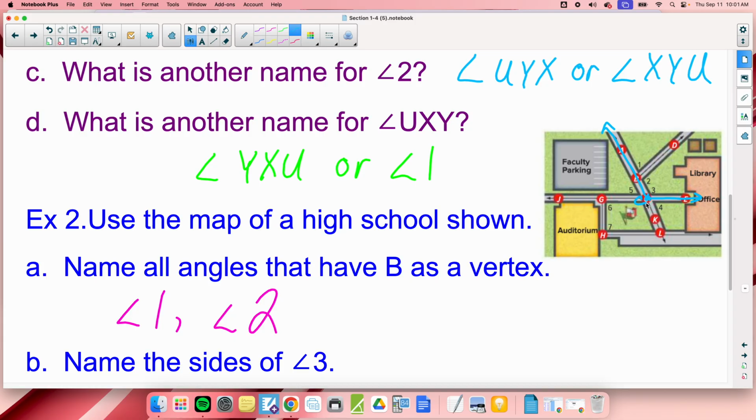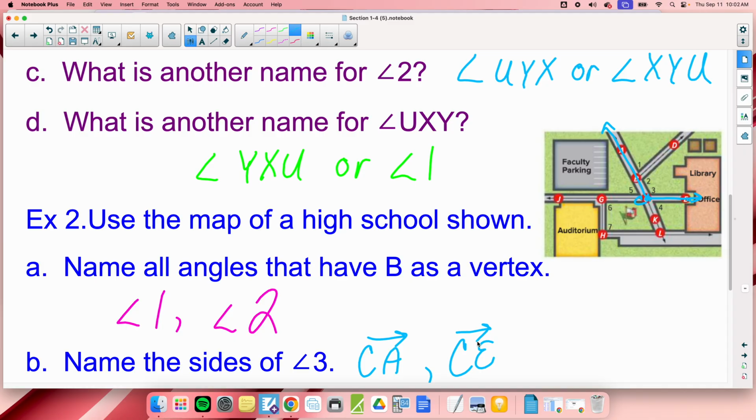And then, how can I name this ray? CB, or CA? Do you guys know that? So sides, we do like CA or CB. And then this side I kind of covered up too, but this is CE. Can I name that EC, or do I have to do CE? Yes, very good.